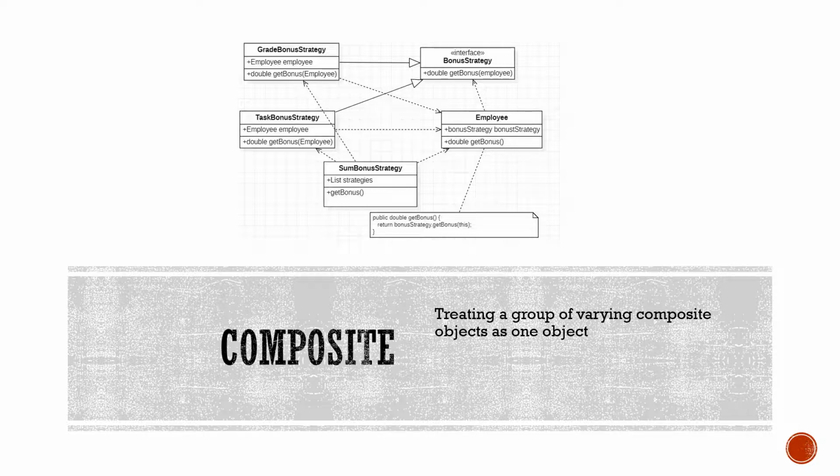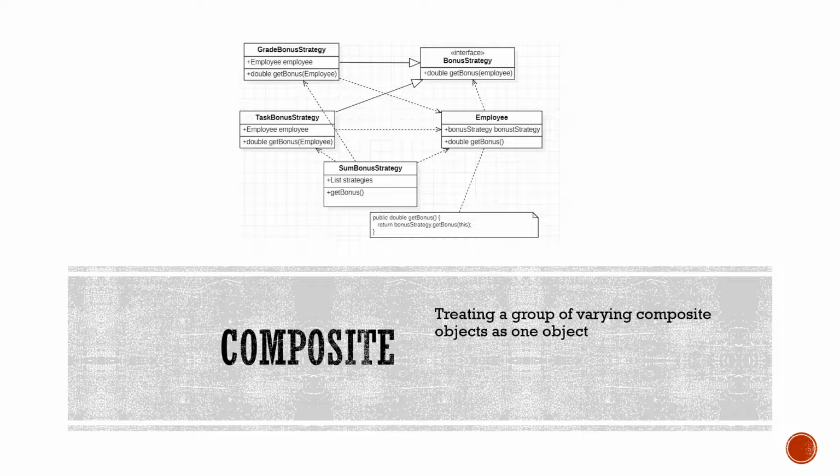It doesn't always have to be a sum, it can be other aggregation functionality, like perhaps the biggest bonus strategy or the most beneficial bonus strategy or something like that. The point is that the class acts as a composite.